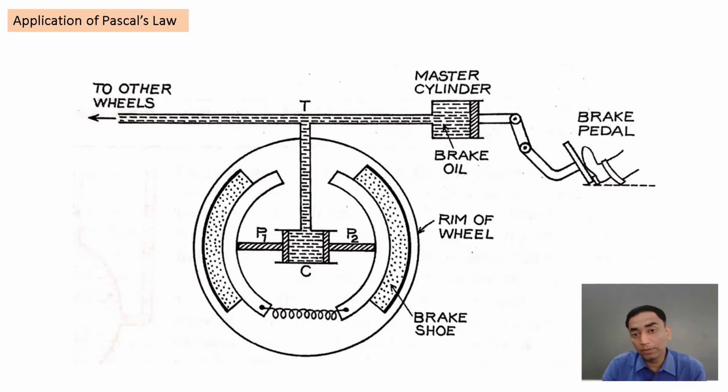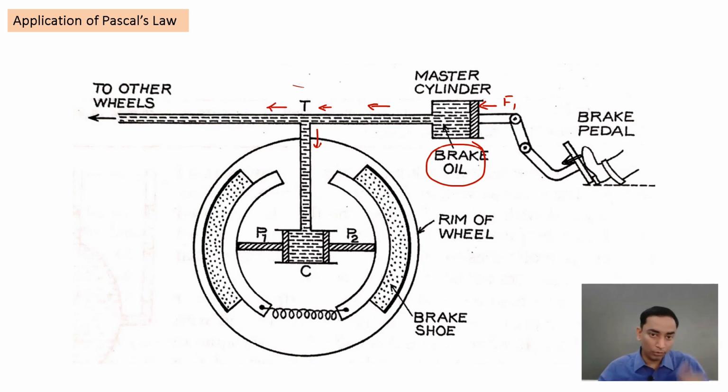Now the applications of Pascal's law. First is the hydraulic brake. When we apply force on the brake pedal inwards, this piston goes in, so the oil which is present over here is pushed down. Some oil goes to the other side.